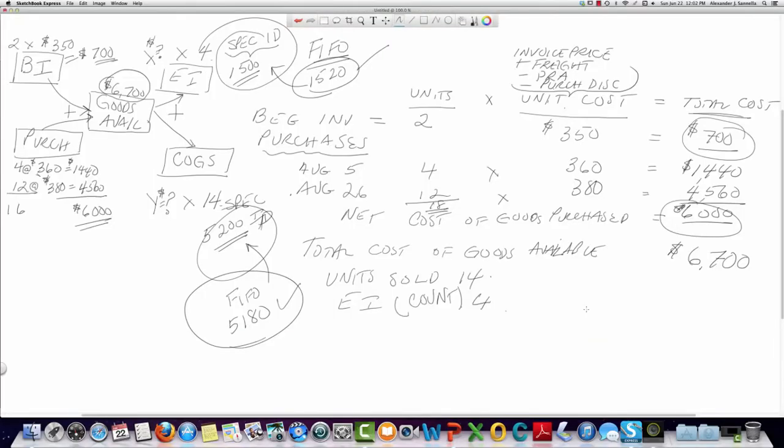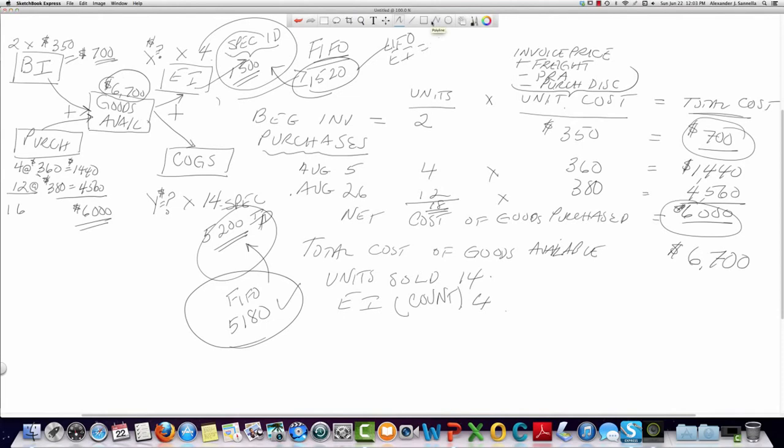Now let's go to this document camera or the whiteboard, and notice that if we look at ending inventory, specific identification 1,500, under the first method, FIFO, LIFO ending inventory is going to be less than FIFO.